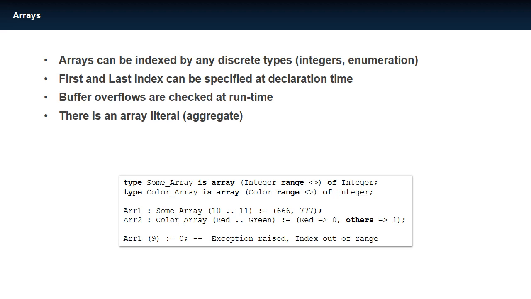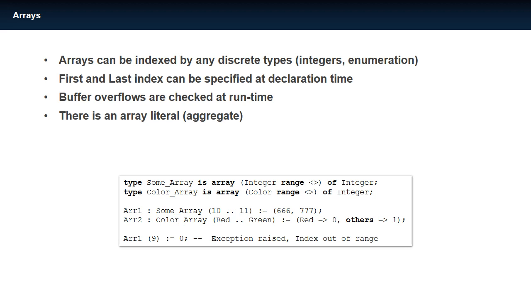R1 is an array with two indexes. The first index has a label of 10 and contains the value 666. The second index in the array has the label 11 and contains the value 777. What this line shows us is that Ada array indexing is not required to start at 0 like many other languages. We can specify any continuous range of values for the index.